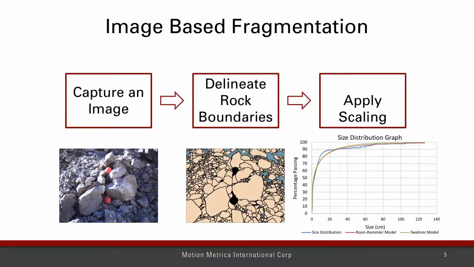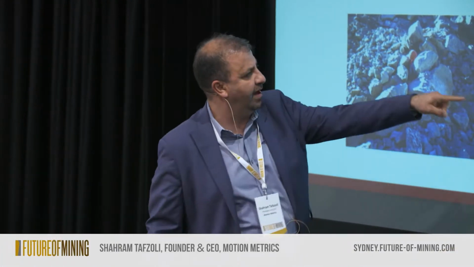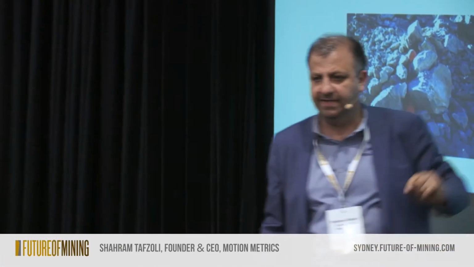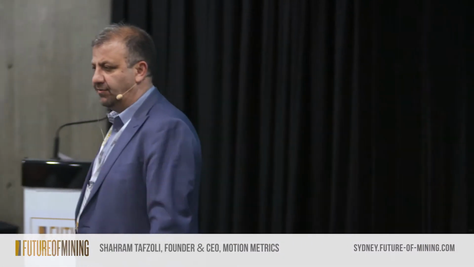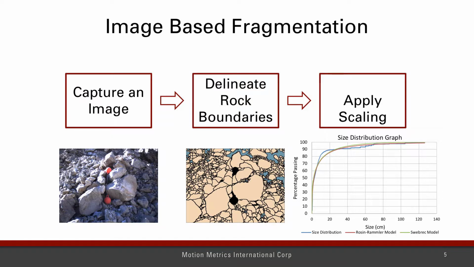So what's image-based rock fragmentation? You take an image, like this one. You delineate the rock boundaries. Essentially, you say big rock, small rock, and fines. The blue ones are fines. So you find the boundaries, and you need to apply what's called scaling to go from pixels to the actual size and draw what's called a percentage passing curve.